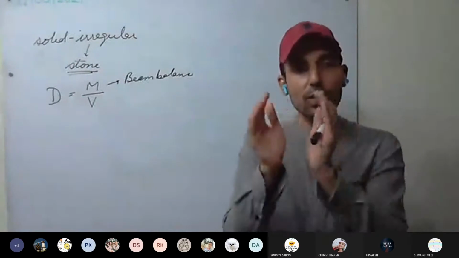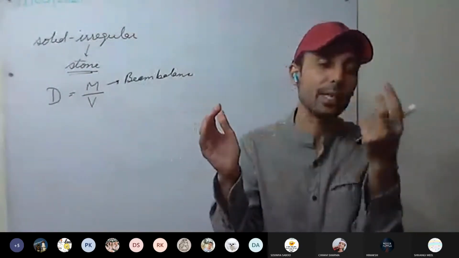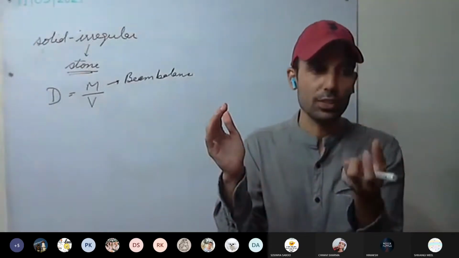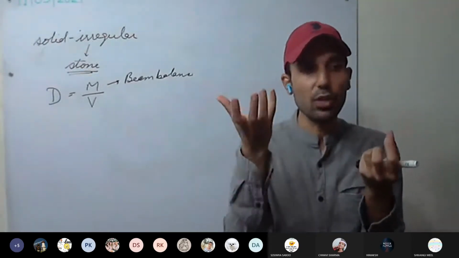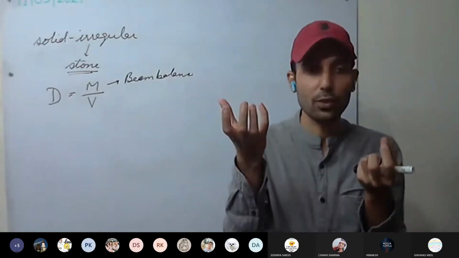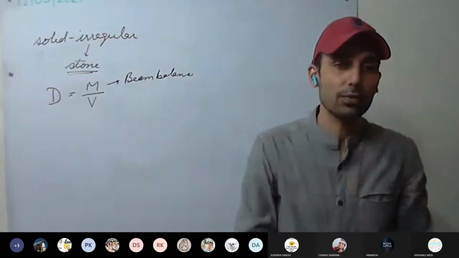The amount of water displaced or moved will be the same as the volume of the stone. So we can measure the volume of the liquid displaced, and that will be equal to the volume of the stone.